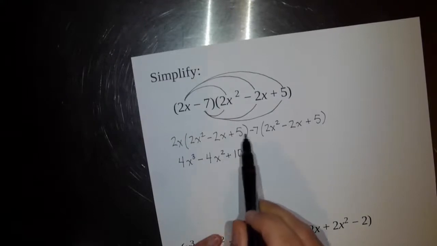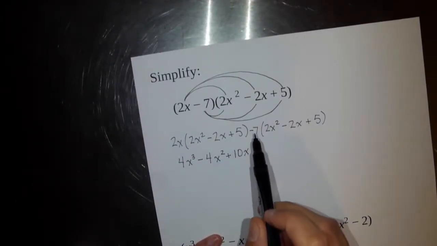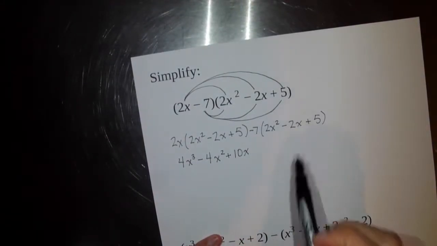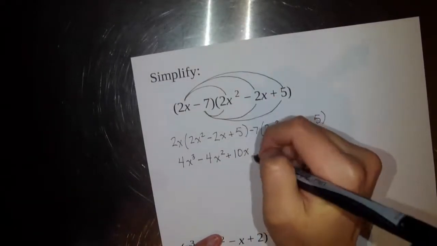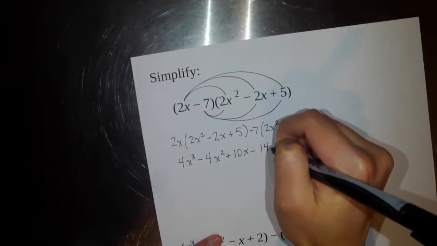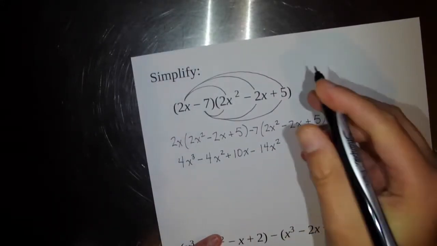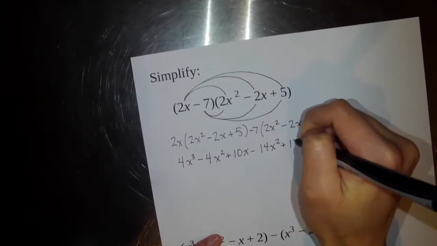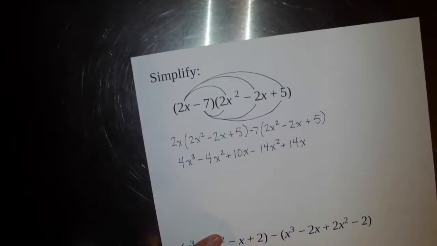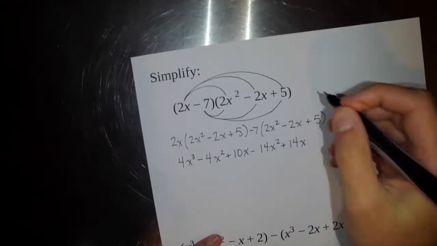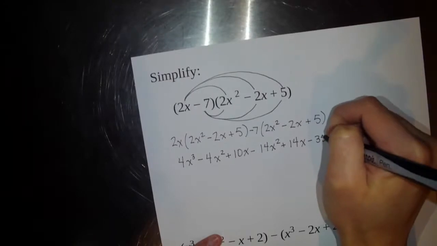So that's 2x into this expression. Now distributing -7 into here, we would have -14x squared. -7 times -2 becomes a positive 14x. And -7 times 5 is a -35.